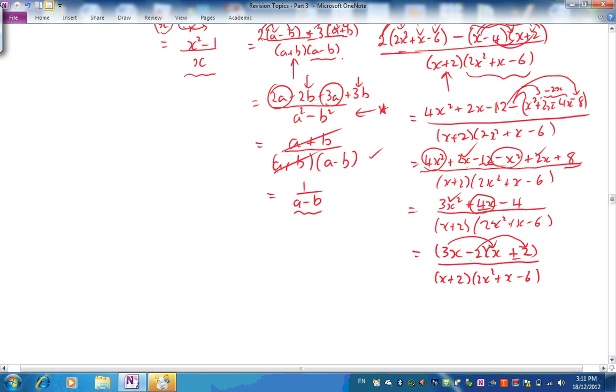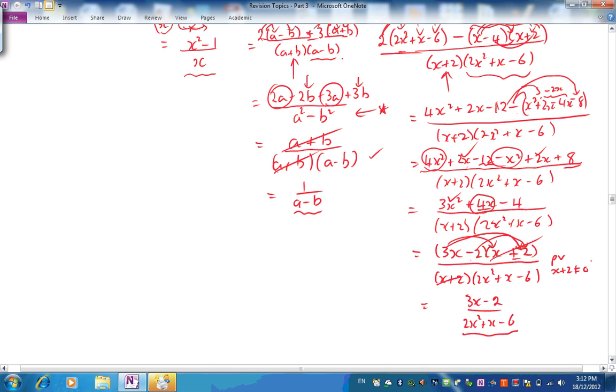So the positive 2 has to be multiplied by the 3x to get plus 6x. Look at what's happened. We can cancel that, provided that x plus 2 is not equal to 0. And so we get a simplified form, 3x take 2 over 2x squared plus x take 6.